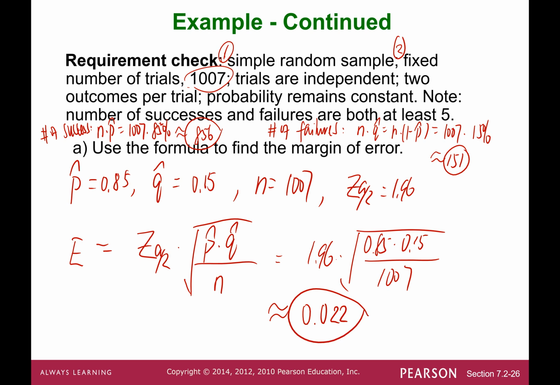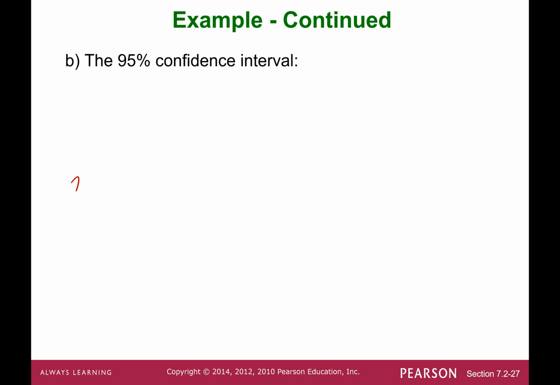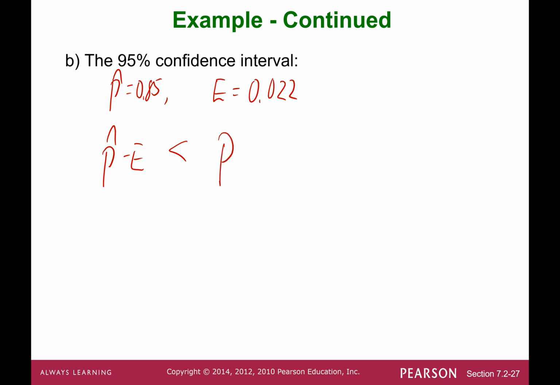Now once you know the margin of error, we can construct a 95% confidence interval. All you have to do is plug in p hat and the margin of error. P hat is 0.85, margin of error approximately 0.022. So p hat minus margin of error is the lower limit, and the upper limit will be p hat plus margin of error.